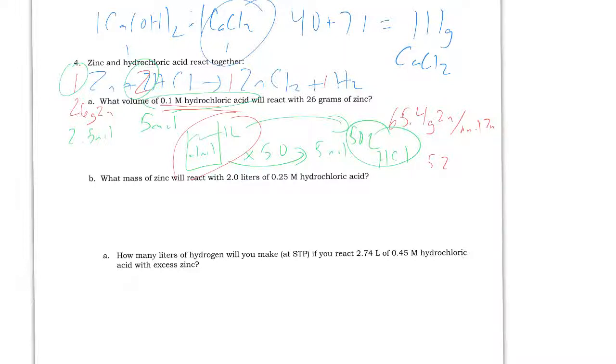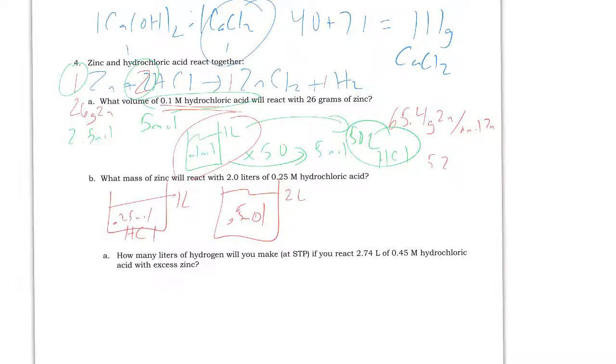Mass of zinc with 2 liters of 0.25 molar HCl. So if this is 0.25 moles of HCl per 1 liter, then in 2 liters, we've got 0.5 moles. So go back to the original equation.